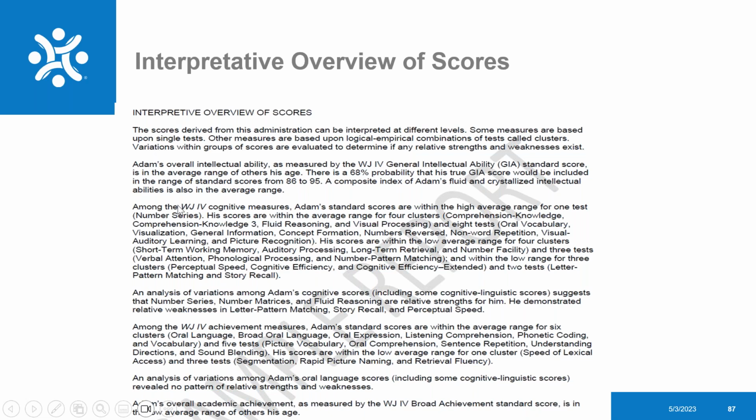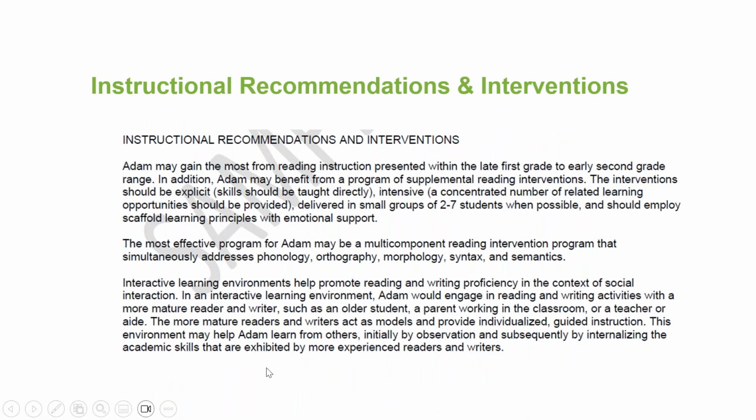And then interpretive overview of scores. Again, you can choose whether you're having the interpretation through standard scores or through proficiency with the RPI. And again, it will populate everything in the system for you in the report. And then finally, instructional recommendations and interventions.